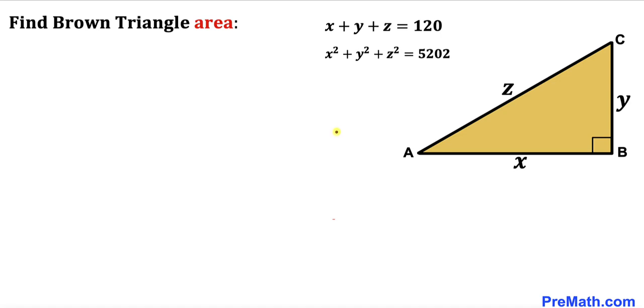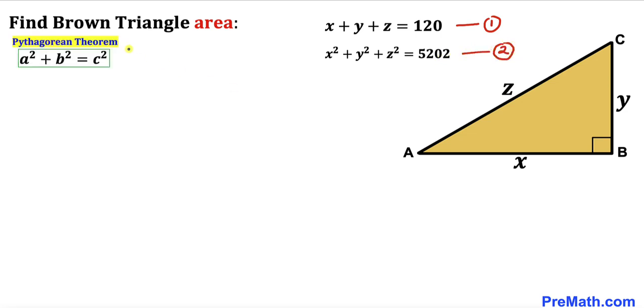Here's our very first step. Let me label the first equation, X plus Y plus Z equals 120, as equation number 1, and the second equation, X square plus Y square plus Z square equals 5202, as equation number 2. Now let's recall the Pythagorean theorem: A square plus B square equals C square.